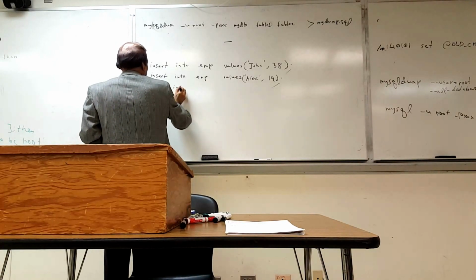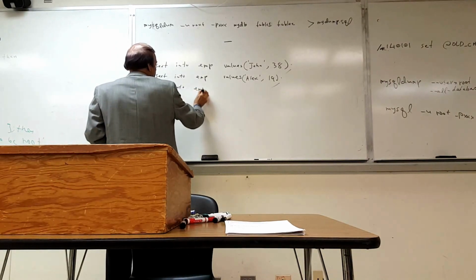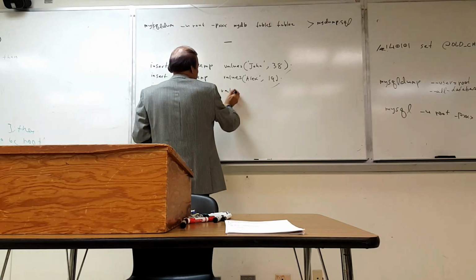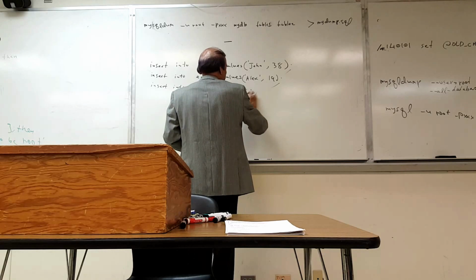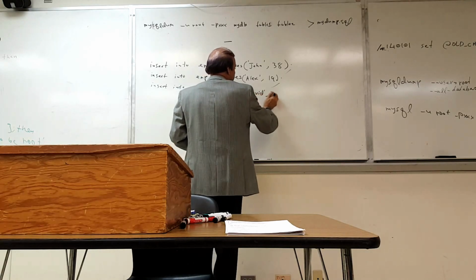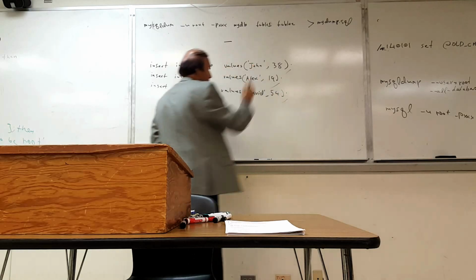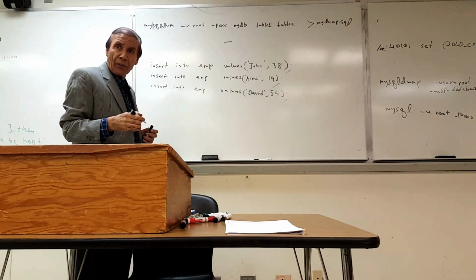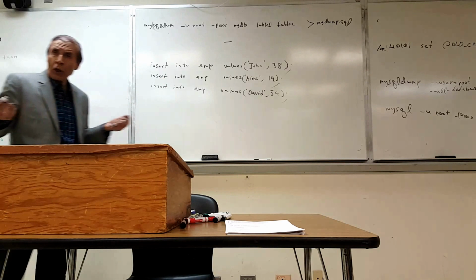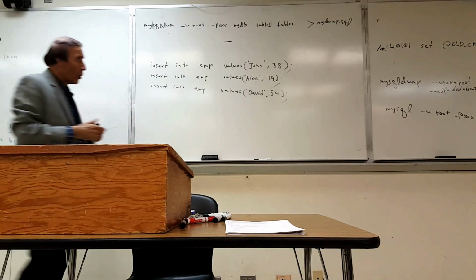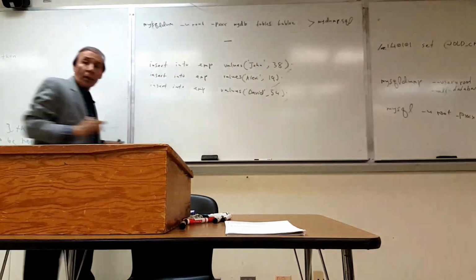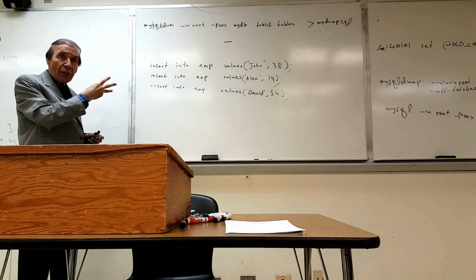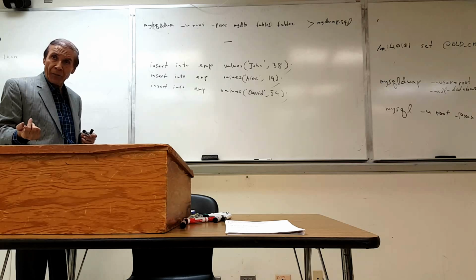Insert into EMP values, for example, David, 54. Let's say these are names and ages, right? This is traditional. For each row, you have to put one insert. So 3 inserts for 3 rows, right?